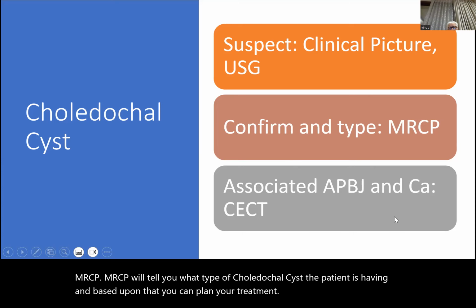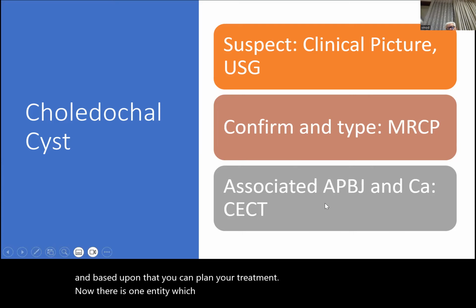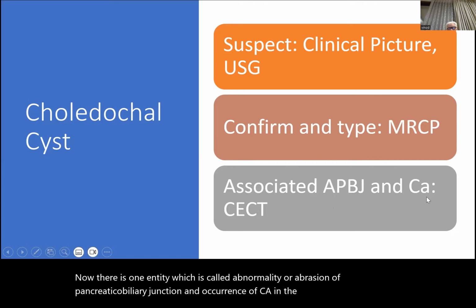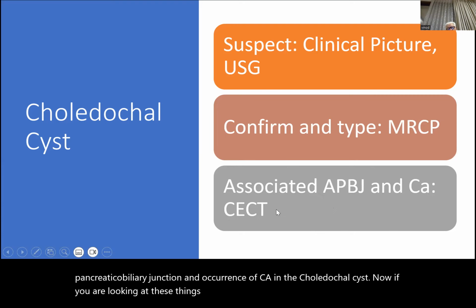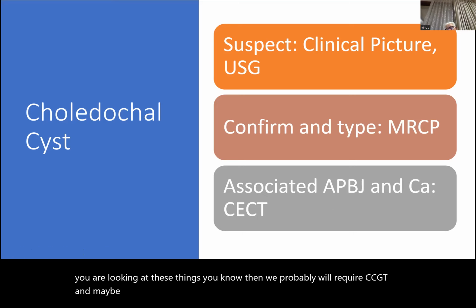Now, there is one entity which is called abnormality or aberration of the pancreatico-biliary junction and occurrence of CA in the choledochal cyst. Now, if we are looking at these things, then we probably will require CECT and maybe endoscopic or ERCP.